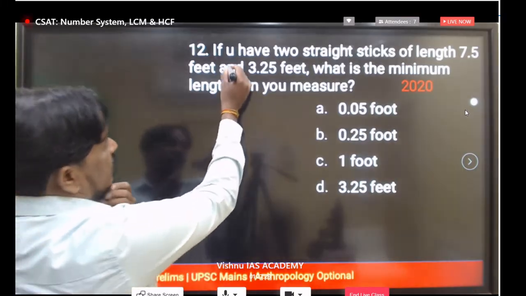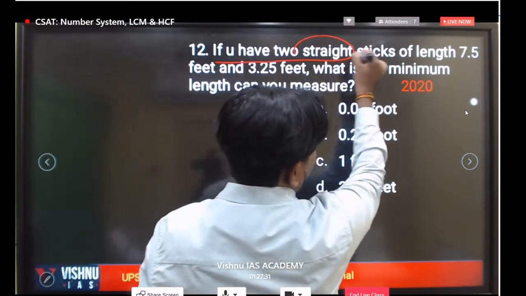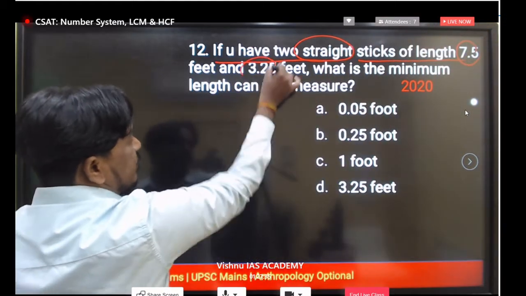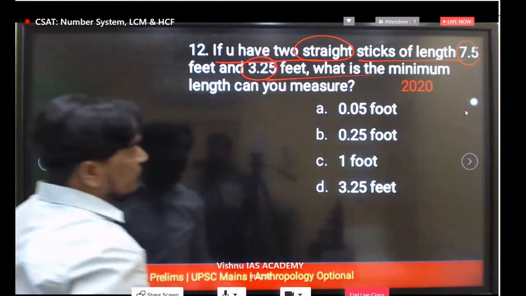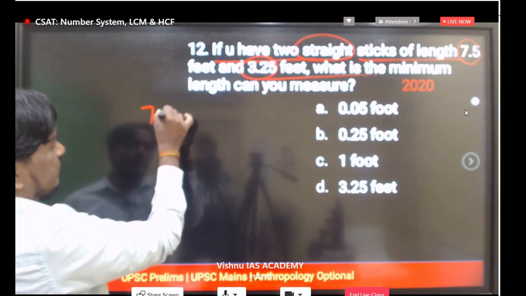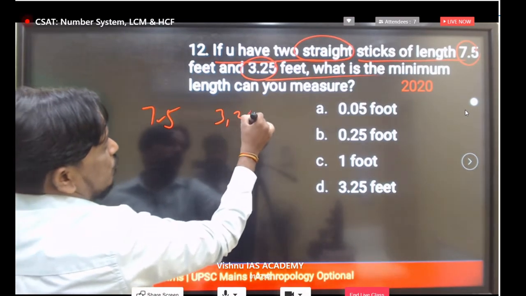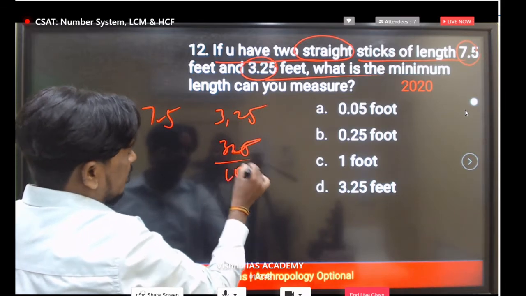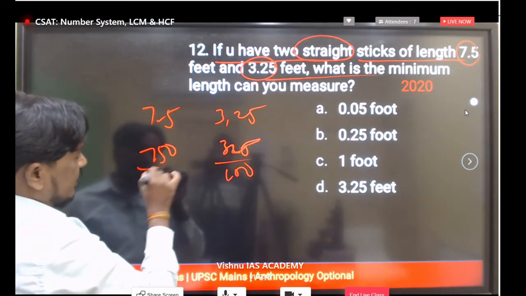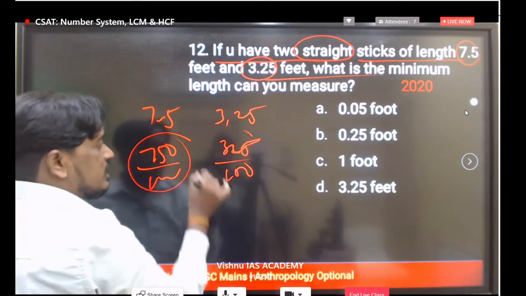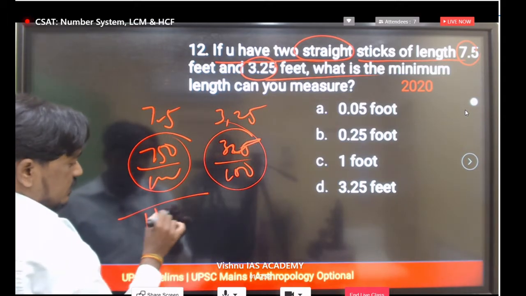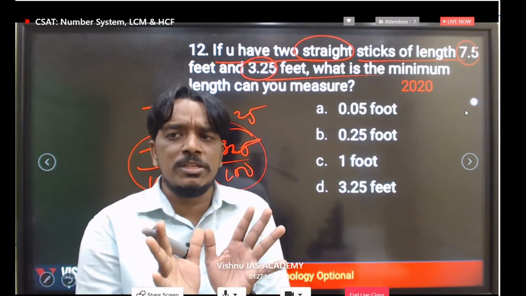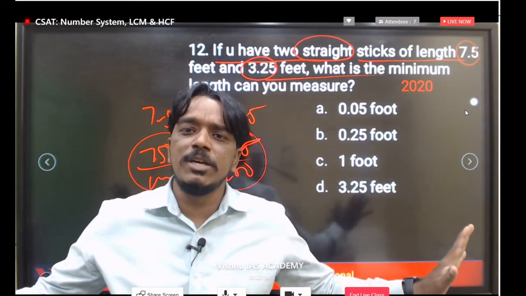That is, if you have two straight sticks of length 7.5 feet and 3.25 feet, if you convert 750 divided by 100 or 325 divided by 100, for these fractions, if you find out HCF, you will get the answer. Or otherwise, basic common sense, no need of any mathematics subject concept here.